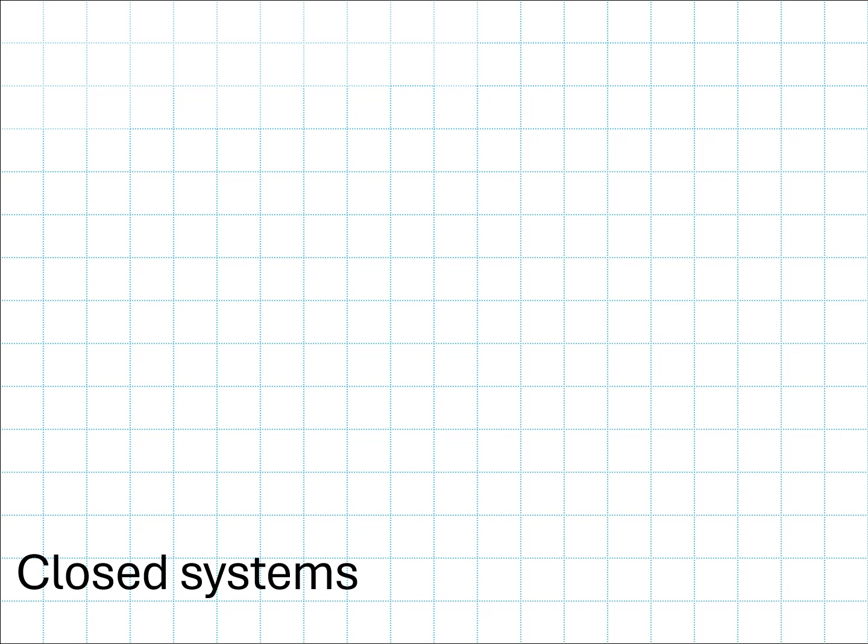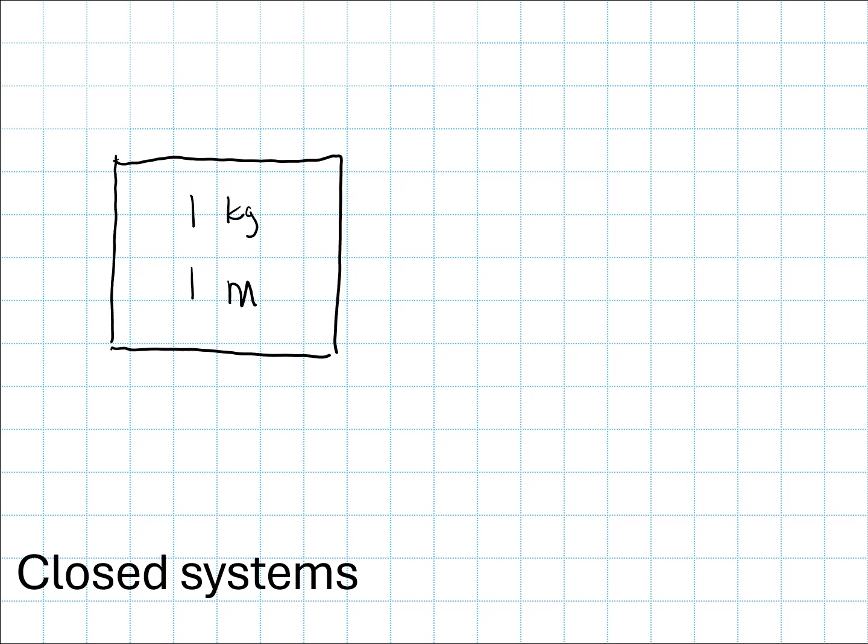So I'm going to give you an example of a closed system of mass. In this system, we have an airtight tank, and it contains 1 kilogram of some sort of gas contained within a space with a volume of 1 meter cubed.